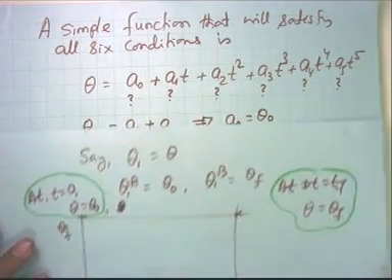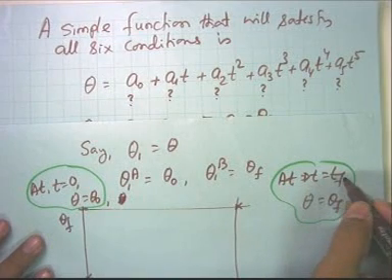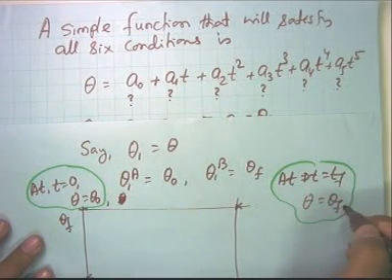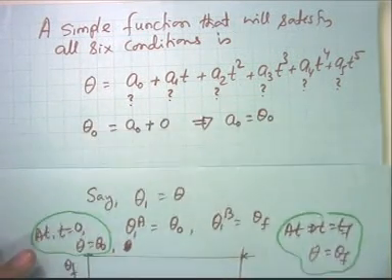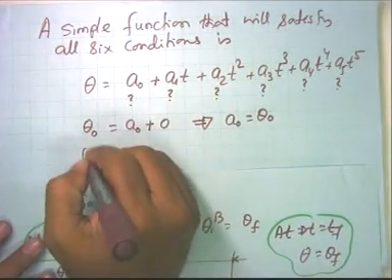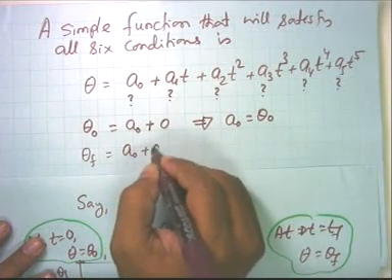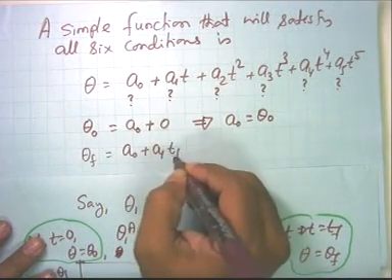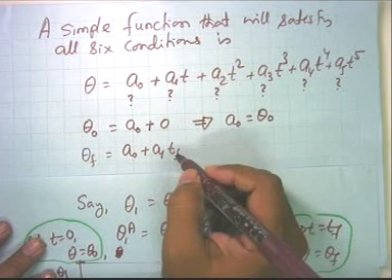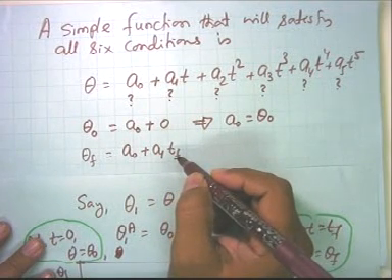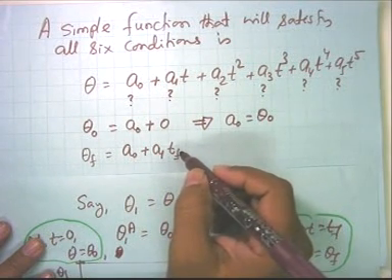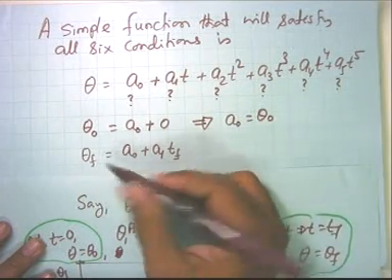Then the second condition is at t equal to Tf, theta is equal to theta f. So, let me put that condition: theta f is equal to a0 plus a1 Tf plus a2 Tf square plus a3 Tf cube plus a4 Tf4 plus a5 Tf5. Theta f should be user specified. You should tell that after 3 seconds this should be the value, so this is known.